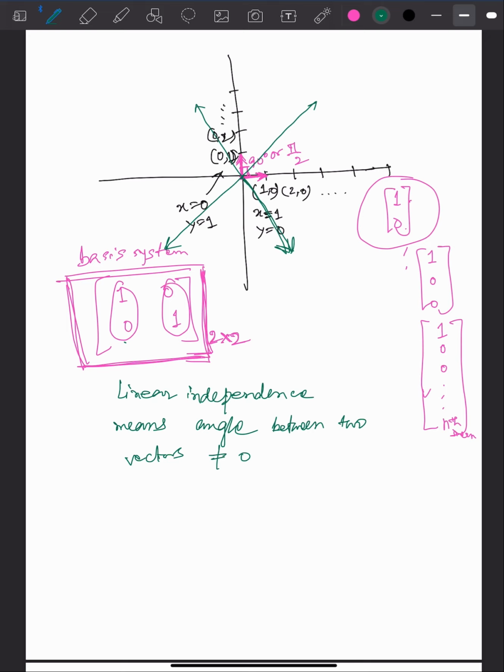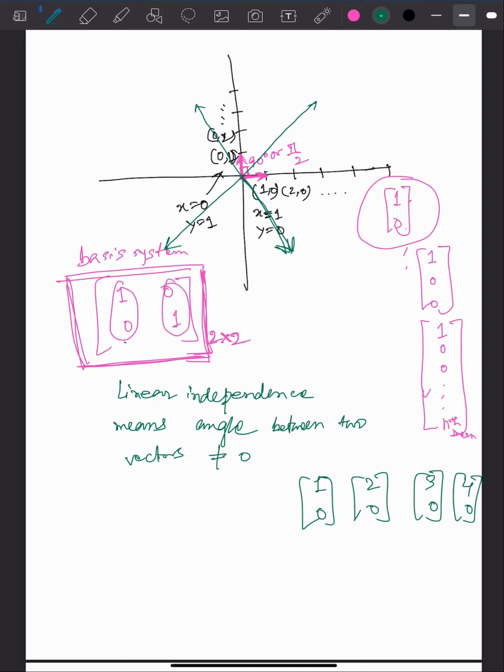The angle can be any angle but not 0. If the angle is 0, then 10 can be written as 20, 30, 40, or in whatever way you like.